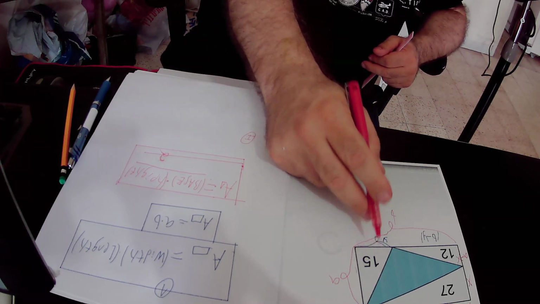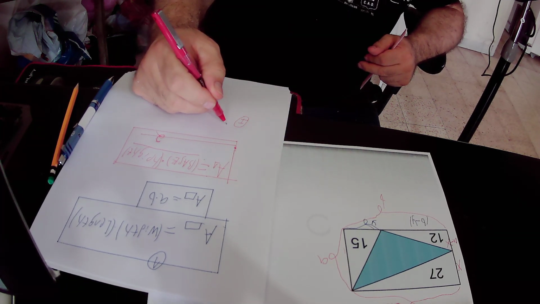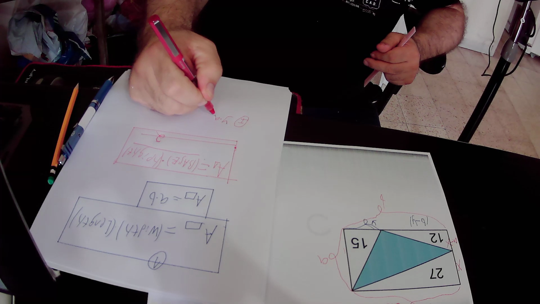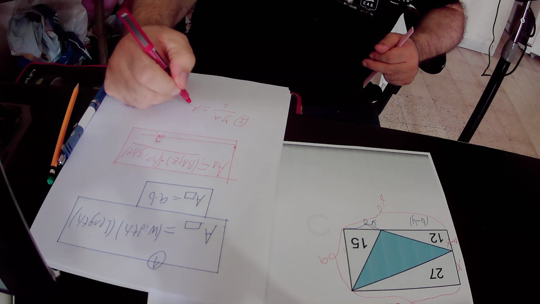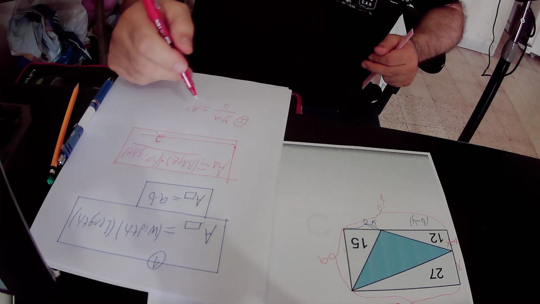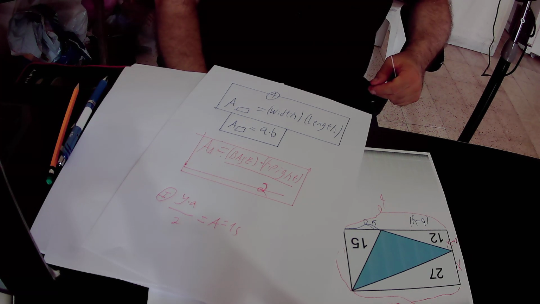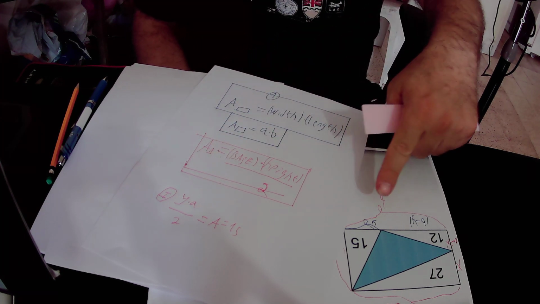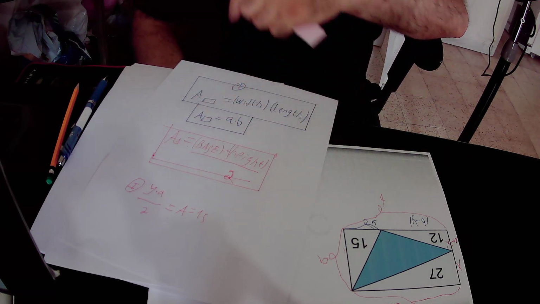So the base of this triangle, as you can see, is y, and the height is A. The area equals y times A, all divided by 2.